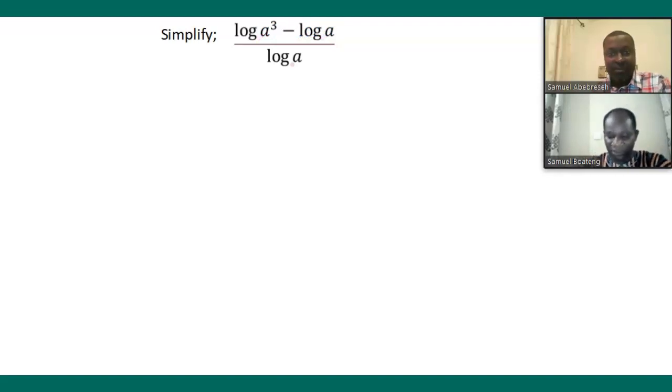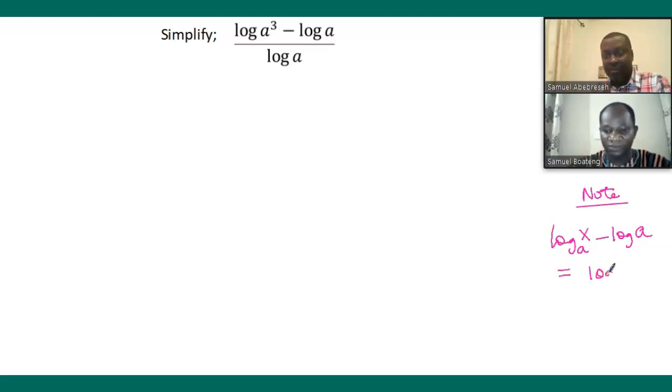According to the laws of logarithm, we have log of x to the base a minus log of y to the same base. You can write it as log to the base a, bracket open, x over y, where x and y are positive.